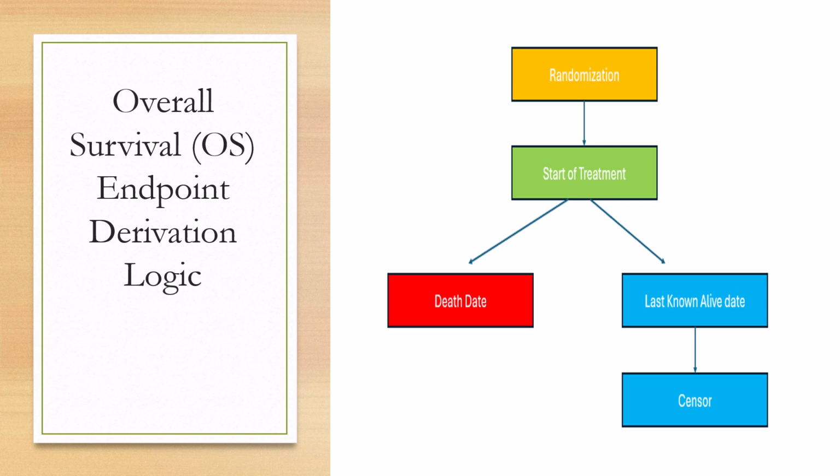Now comes the next step, calculating the survival time. The OS time for deceased subjects will be the date of death minus the date of randomization or the first dose, whereas for the censored subject, the OS time will be the last known alive date minus the date of randomization or the first dose.